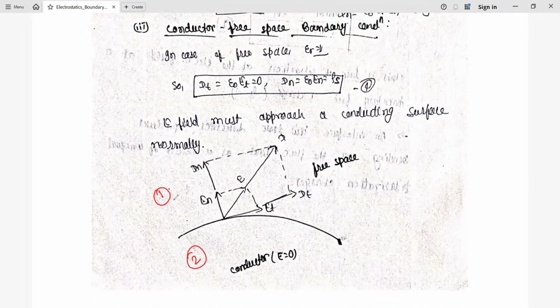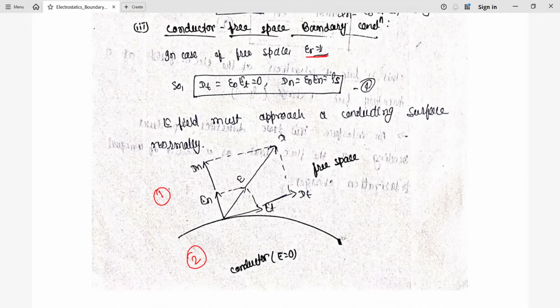But in place of dielectric, now we have taken medium one as the free space. So in case of free space, the relative permittivity is going to be equal to 1. So that's why now here if you see, the situation will be the same as we have in case of dielectric and conductor interface. What is going to change here? Epsilon r is going to become equal to 1.